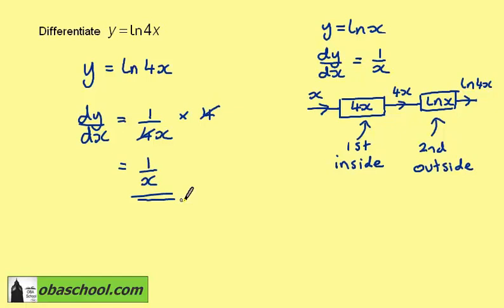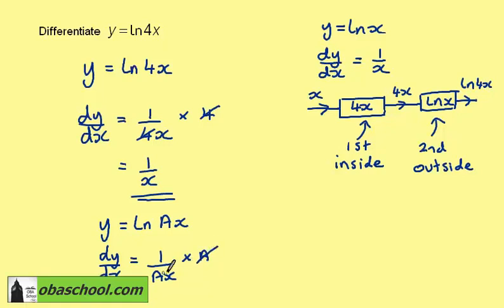Interestingly, you'll note that that's the same as the differential of ln x. If we consider the ln of ax, where a is a constant, if we differentiate this, then the inside function is ax, so we get 1 over ax, and then we multiply by the differential of the inside function, which is just a.